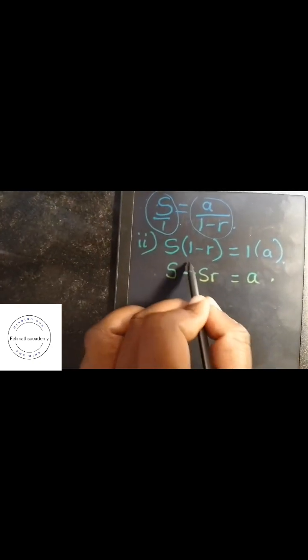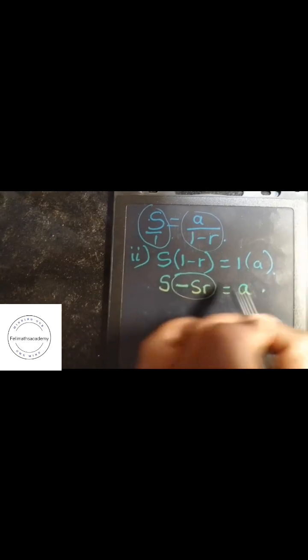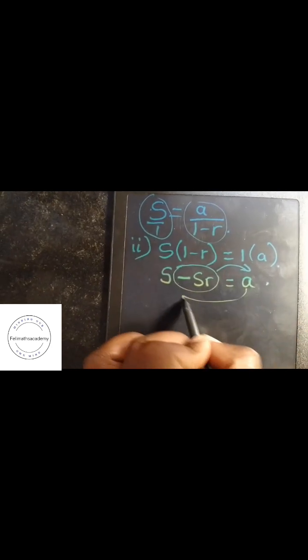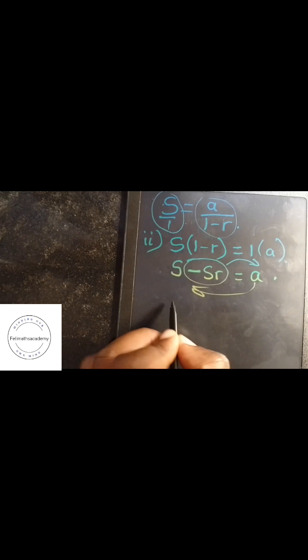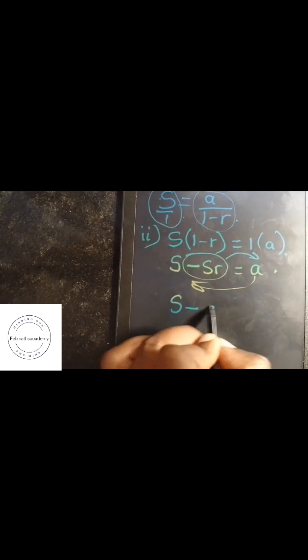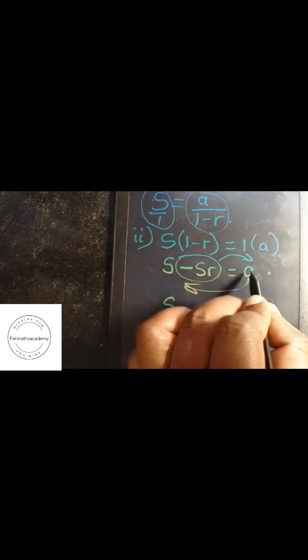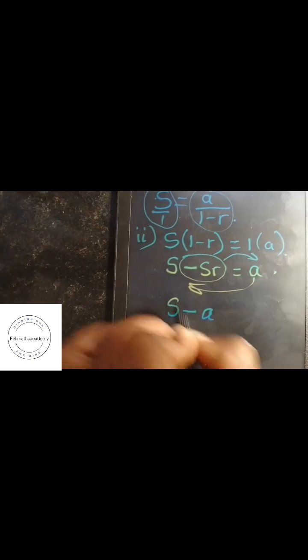So we can move this negative SR to the other side, and this moves to this side. So we have S minus A. After crossing the equal sign, this was positive, it becomes negative.